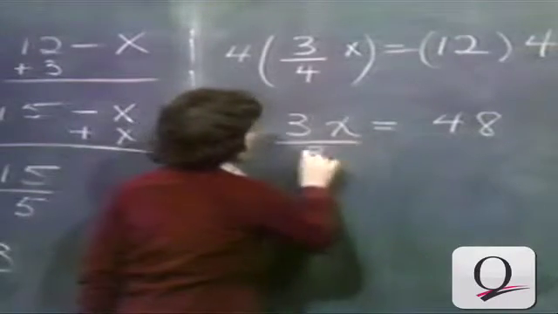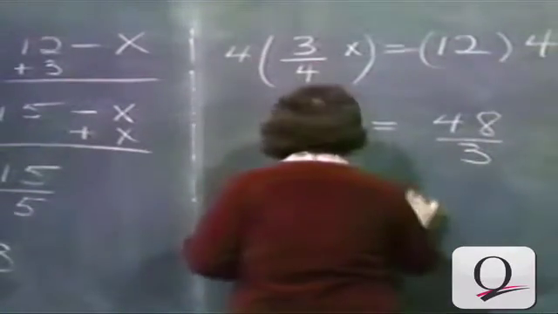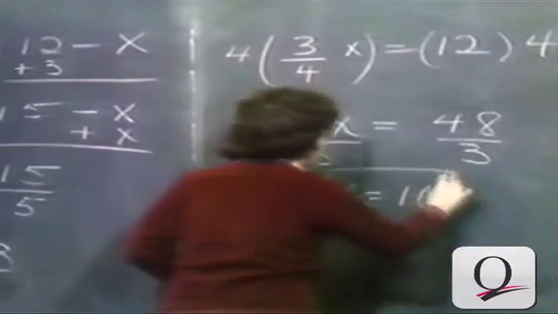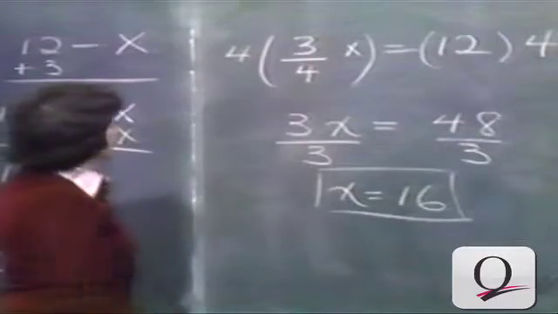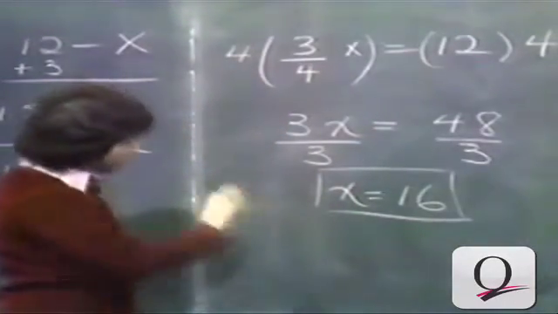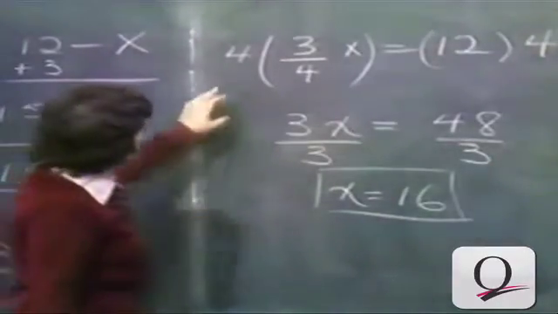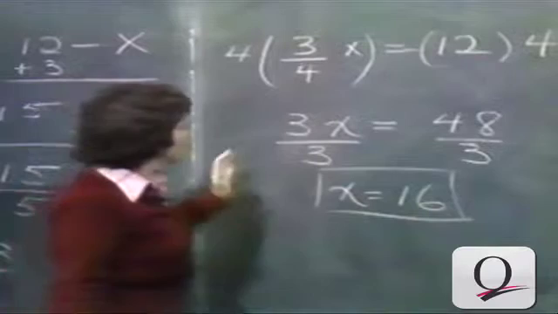We divide both sides by 3, and we get x equals 16 as a solution. Now you could have multiplied both sides of the equation by 4/3, but let's do it this way. It's very simple, and our first step will just be to remove fractions, and then we will be able to solve the equation.